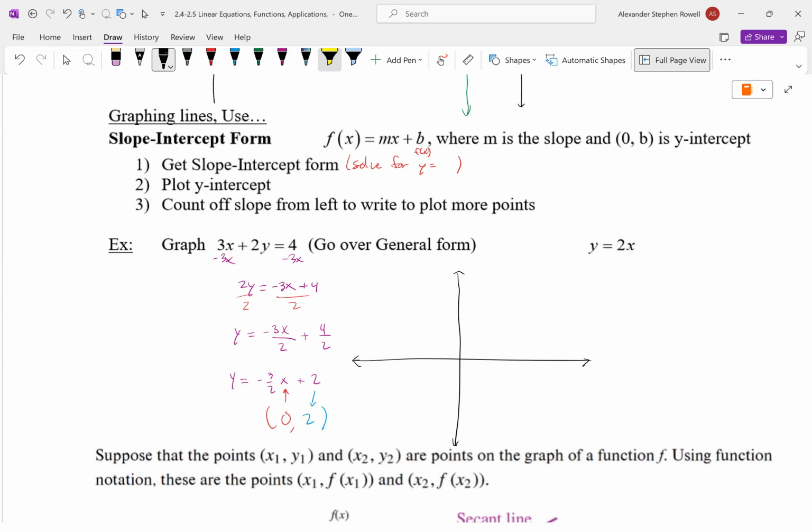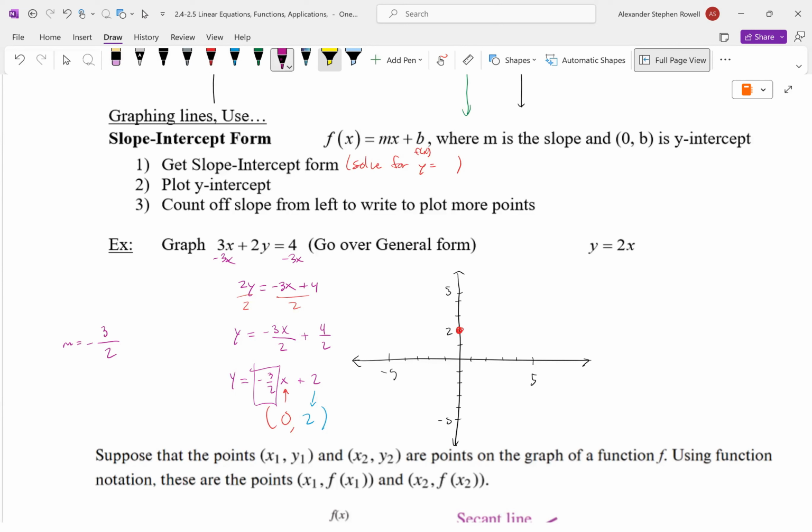All right, you want to take the time to make all the tally marks evenly spaced. And we first plot the y-intercept 0, 2. And from there, how do we get other points? The slope. Okay, so if the slope is equal to -3 halves, how do we count off?